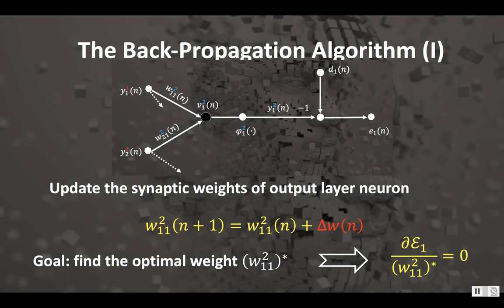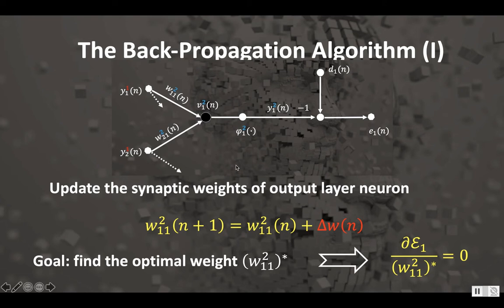So how can we update the weight W211? We just use the approach from the previous chapter. W211(n+1) means the updated weight, which equals W211(n), the current weight, plus delta W(n). Delta W(n) is an adjustment, how much we need to add to the current weight.